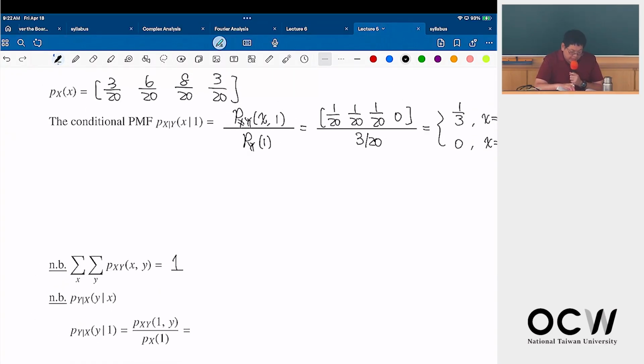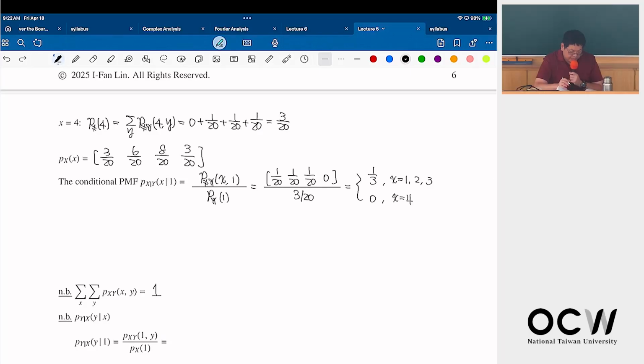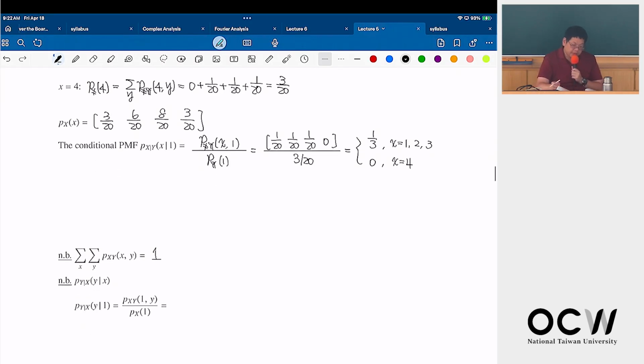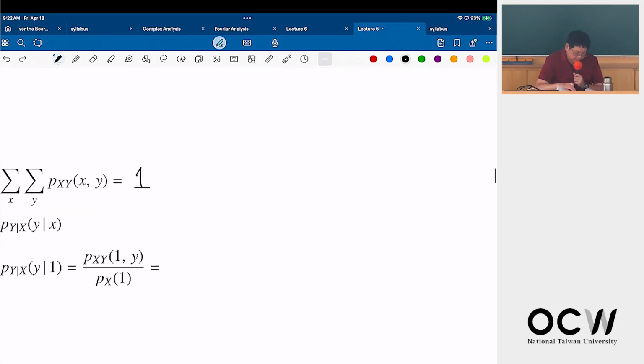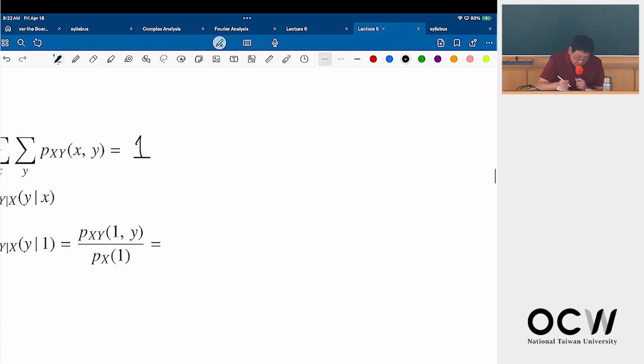Now let's see the conditional PMF of y given x. Okay, so for y given x, first, if x equals 1, then we have the joint PMF at 1 and y divided by the marginal PMF of x at 1.